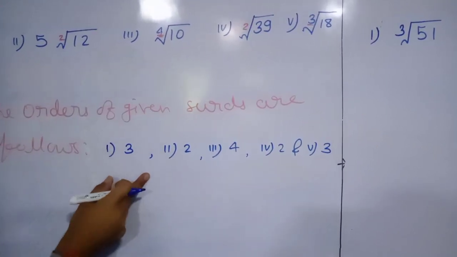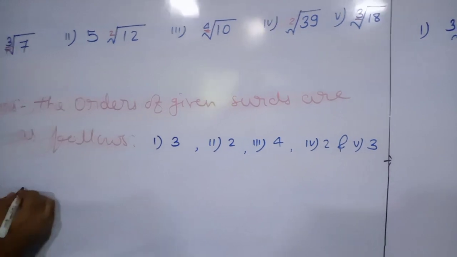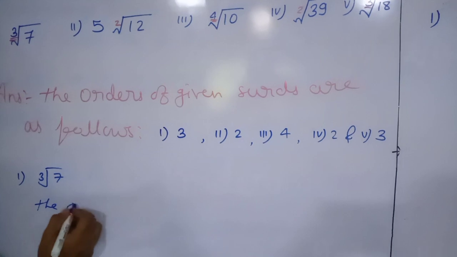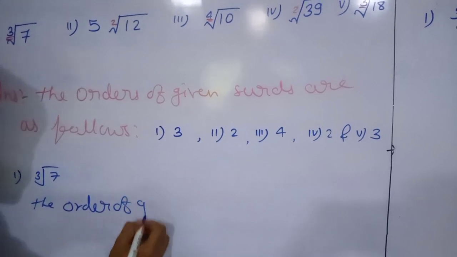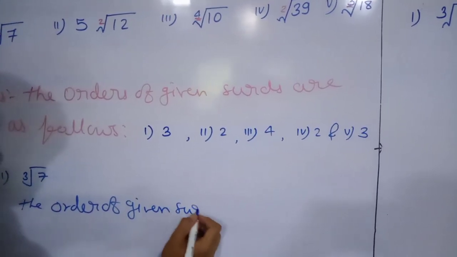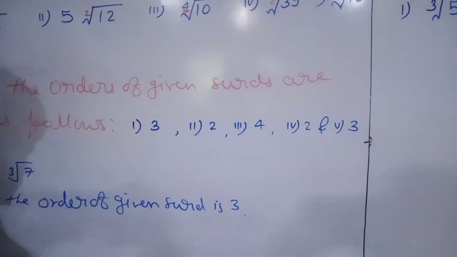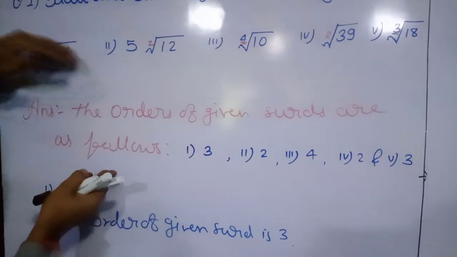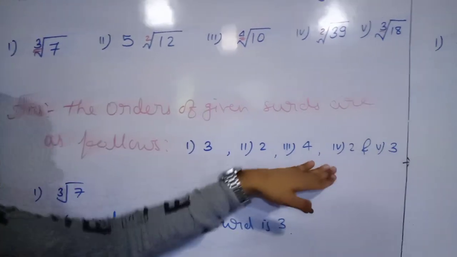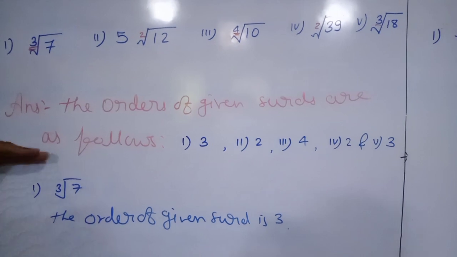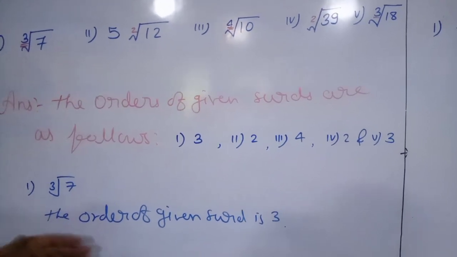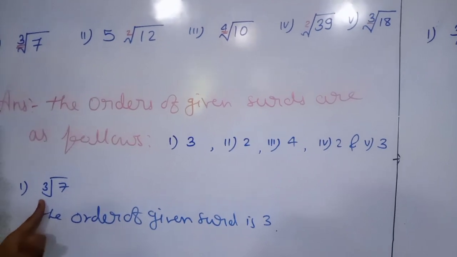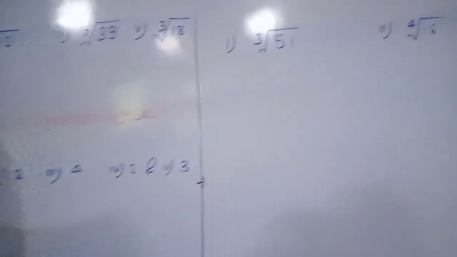We can write directly, or we can write like the first one, 3 root 7, the order of the given surd is 3. Both ways we can write the answer. If you are writing including all five only once, we can write this way. If you are writing separately, for each and every sum we can mention it this way. The order of the given surd is whatever order we have in the question. Now turn to the next sum.